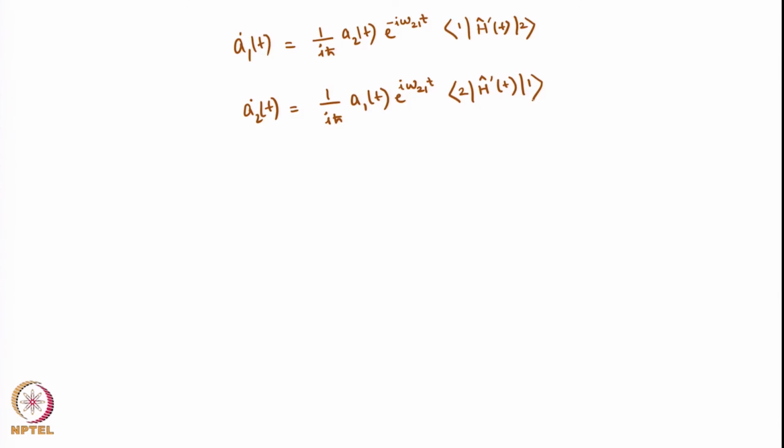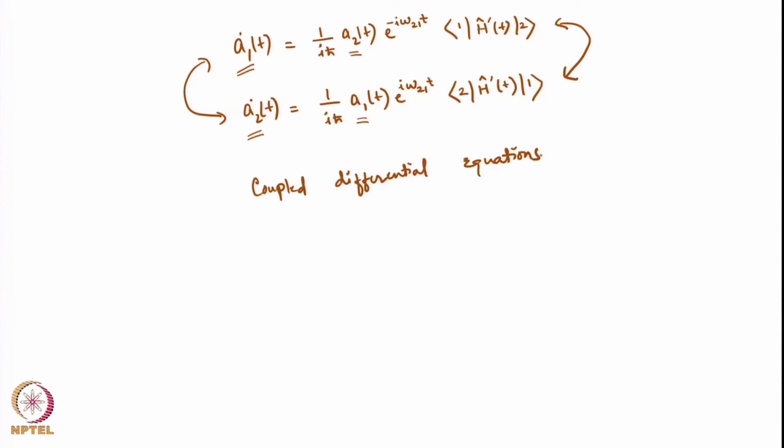So the time dependence of A1 will depend on A2 and the time dependence of A2 will depend on A1. That means these two equations are coupled differential equations. Now one more thing you can look at is that A1 changes with respect to A2 and A2 changes with respect to A1.